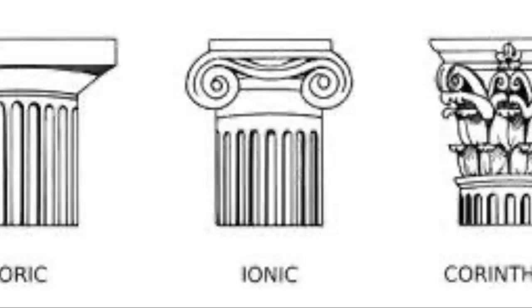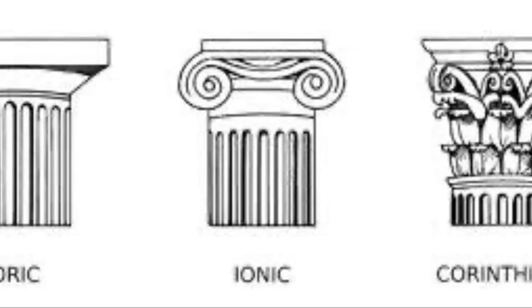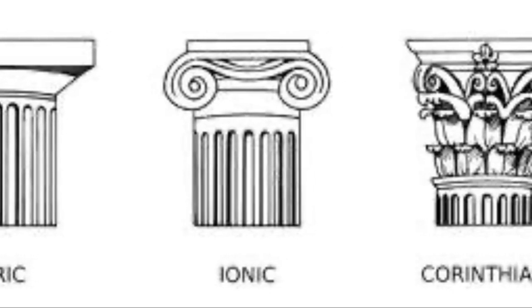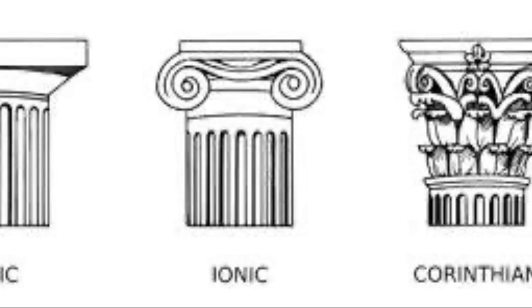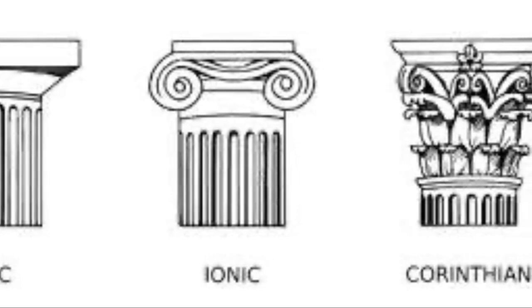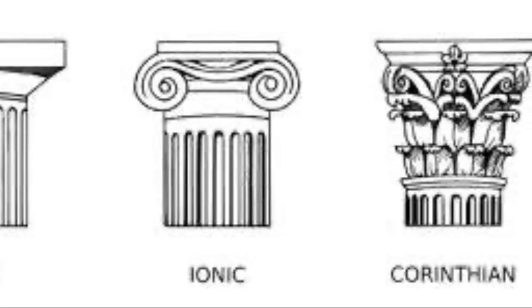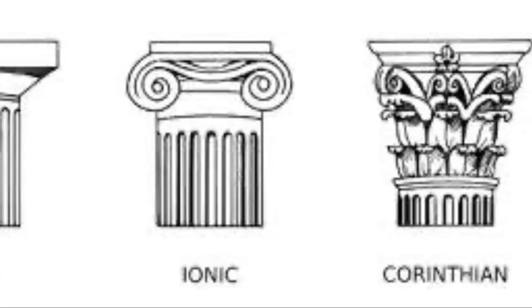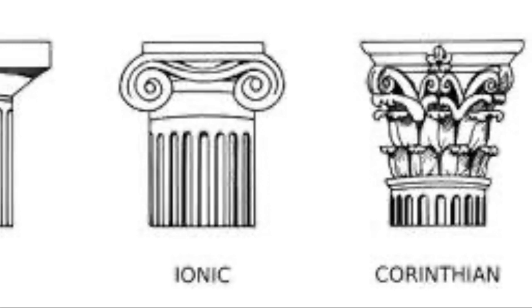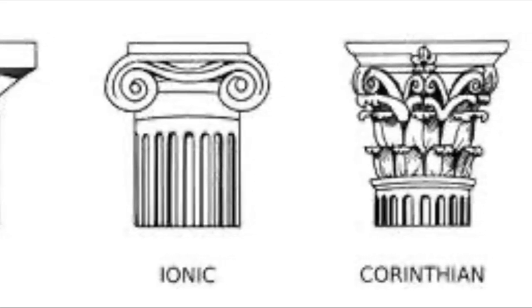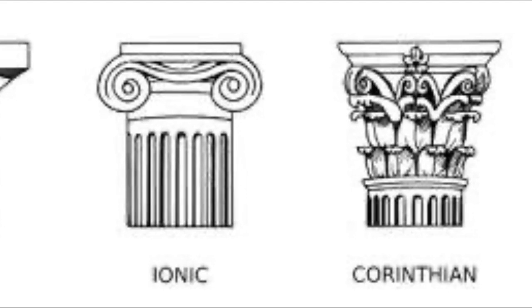And the second one is like a scroll at the top, which is called Ionic. You can tell which kind is what by looking at the top of the pillars. And the third one is called Corinthian, which is a really, really fancy design at the top. So most of the buildings will have this kind of pillars in the Western cultures.